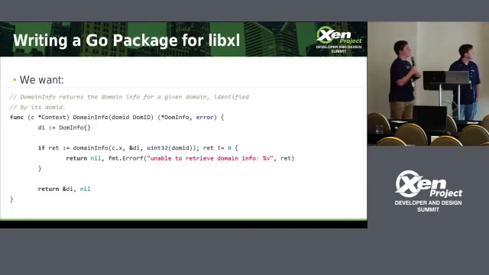And instead of passing the domain info struct, we leverage Go's multiple return value ability, so that we're going to return a domain info struct and an error. And so rather than checking an integer for an error code, we're going to just use the built-in error type and domain info, which is more familiar to Go developers.